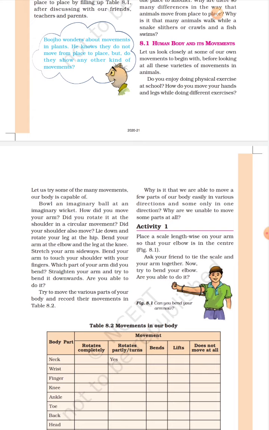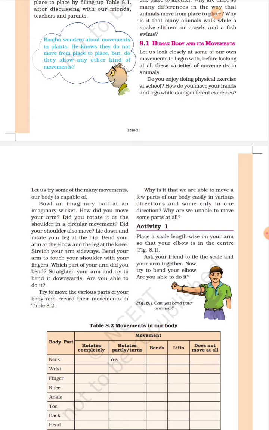How did we move our arm? Did we rotate it at the shoulder in a circular movement? Am I right? Did your shoulder also move? Lie down and rotate your leg at the hip. Bend your arm at the elbow and the leg at the knee.